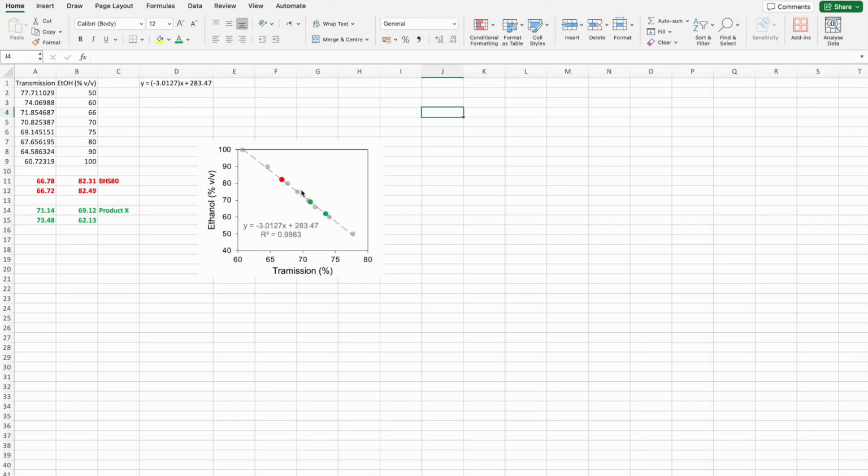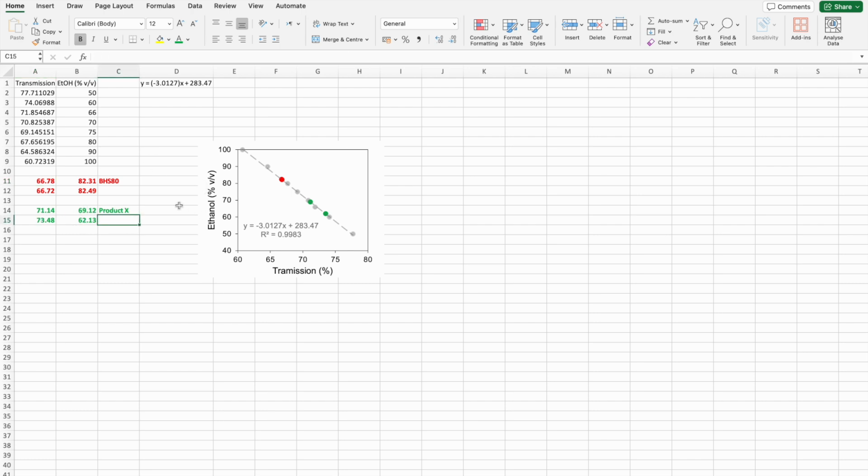On top of that, you could use the equation to calculate this analytically, as I've shown you before, but I just wanted to insert those values that I obtained from the different bottles of product X and BHS into this chart, just so you could see where they sit along the calibration curve. And we can see here that BHS 80, there's one product, two bottles. I received a percentage transmission of 66 or 67 thereabouts, and that equates to an ethanol concentration of about 82, right? So really quite high.